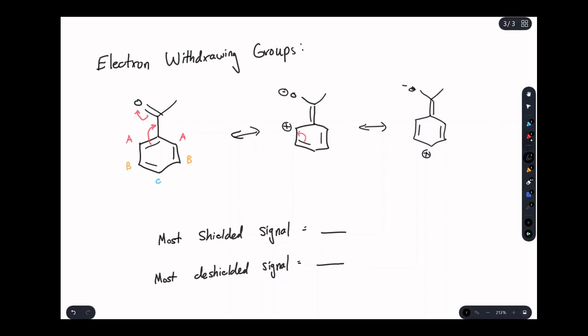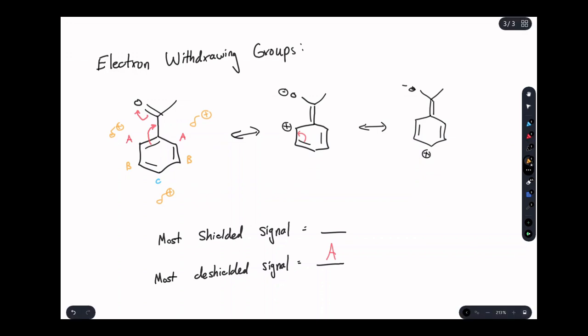Notice here that instead of donating electrons in, we're actually pulling the electrons out with resonance. So now these positive delta charges that are present on A and C are actually deshielding. We would now expect A to be the most deshielded signal, as it's the closest to the electron withdrawing carbonyl, and it's deshielded by resonance.